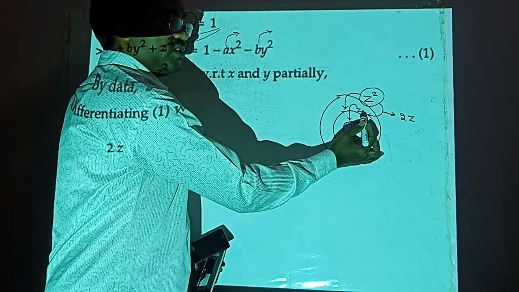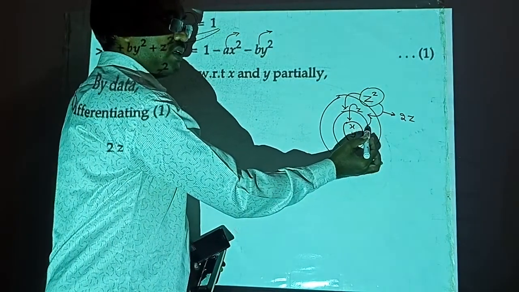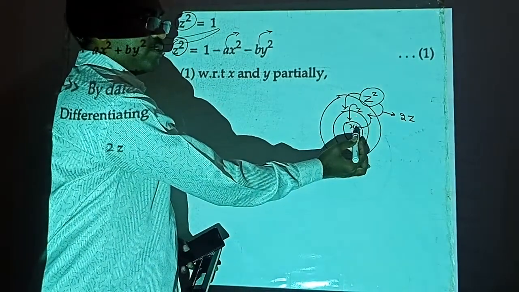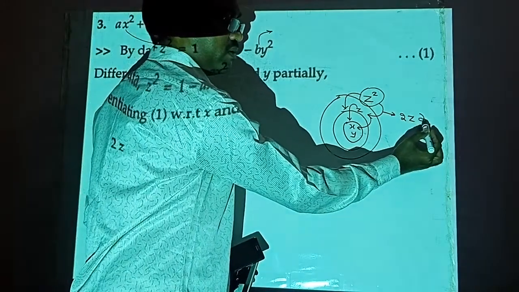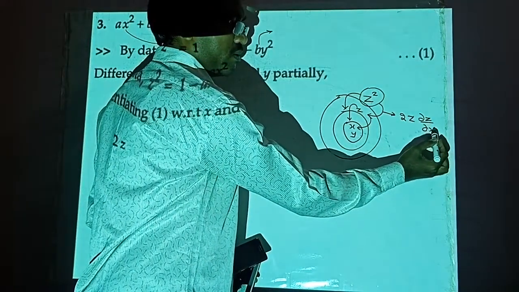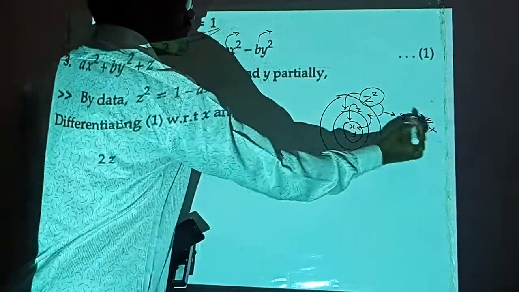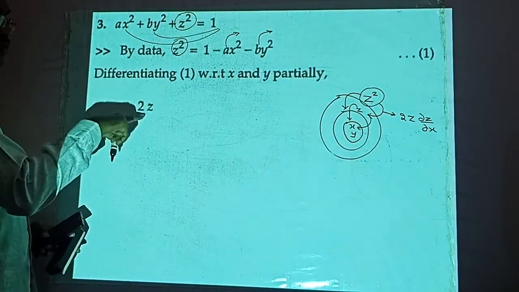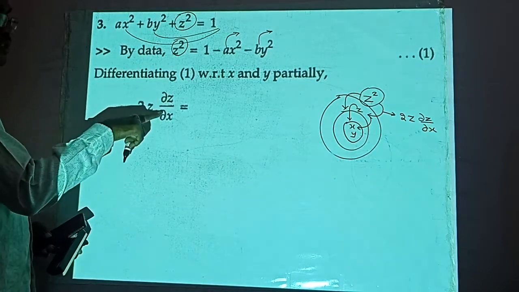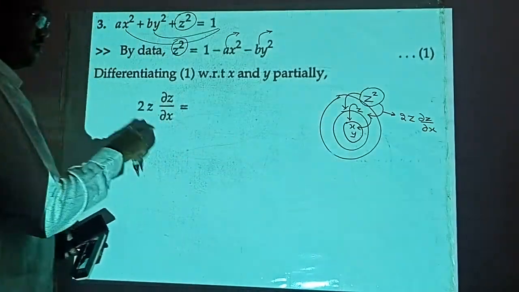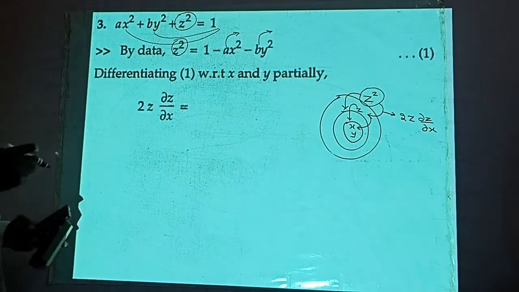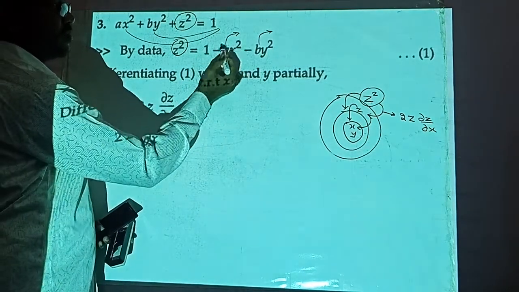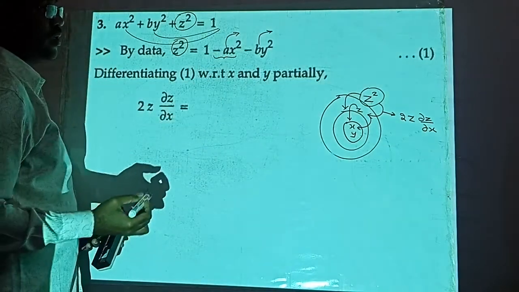Again we need to differentiate z partially with respect to x. If you differentiate z with respect to x partially, what you get? Dou z by dou x. So this is what we are going to write now. Z square differentiation is 2z into dou z by dou x, like this. Now differentiation of 1 is 0 and differentiation of this, what happens?